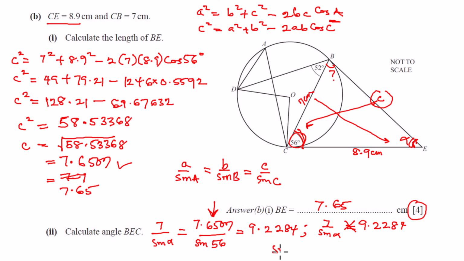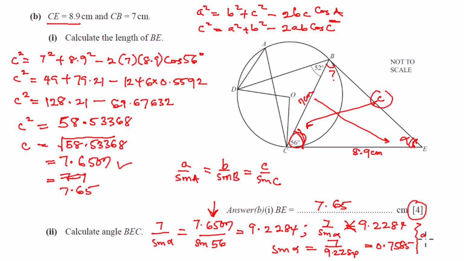I can cross multiply here so that sine alpha is equal to 7 divided by that value, 9.2284, and that is going to be 0.7585. So this is sine alpha. To get alpha, just find the sine inverse of this value.